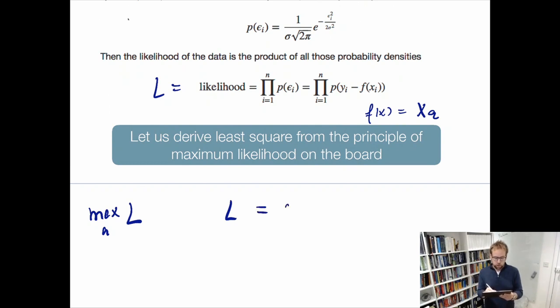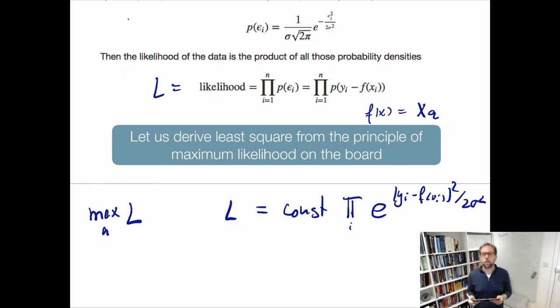So there's some form of constant here, and then we effectively have the product over i of the exponential of yi minus f of xi squared over 2 sigma squared.